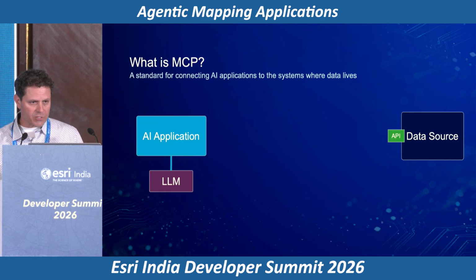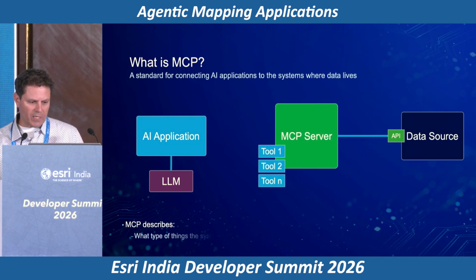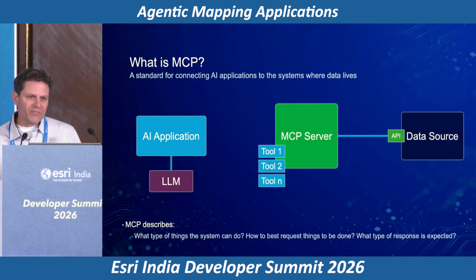And then we have a data source. And this data source, in our case, is GIS data. It's exposed as a service and also as an API. A REST API. All of our location services are exposed as REST APIs. We then use Model Context Protocol to expose these services as a set of tools.